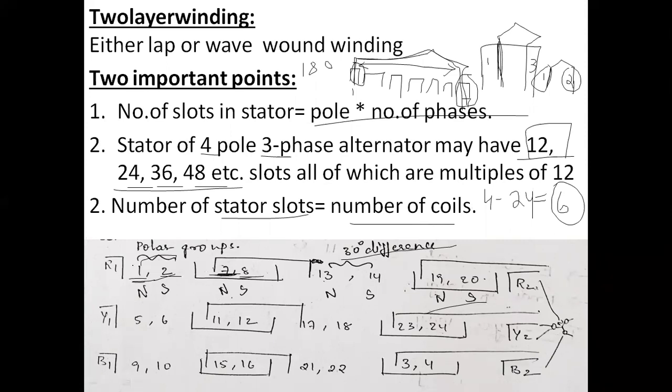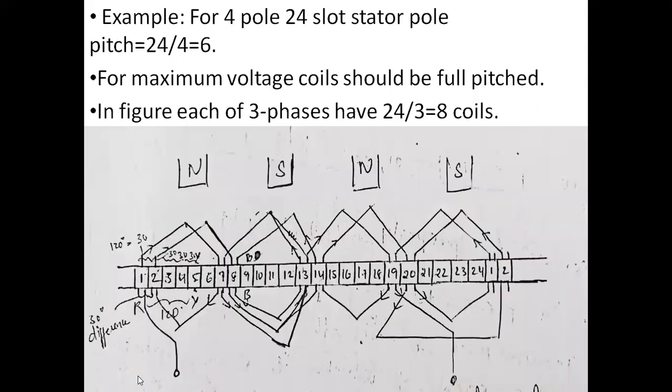So this pair is called a polar group. These pairs are called polar groups. At the meantime, Y will also be starting at 5 and ending at 11, 6 ending at 12, like this, 17 ending at 23, 18 ending at 24. These are called polar groups of Y, and these are called polar groups of B.